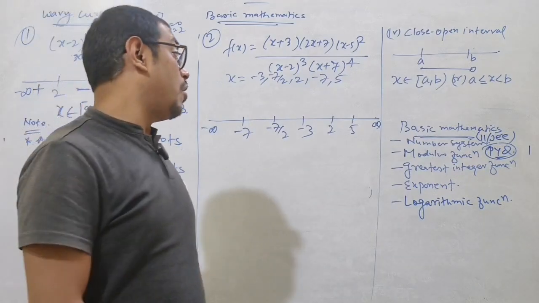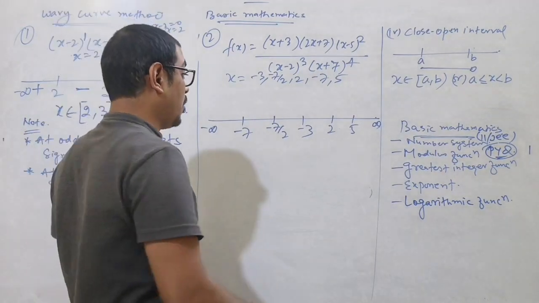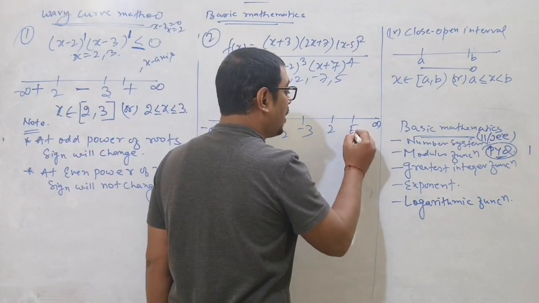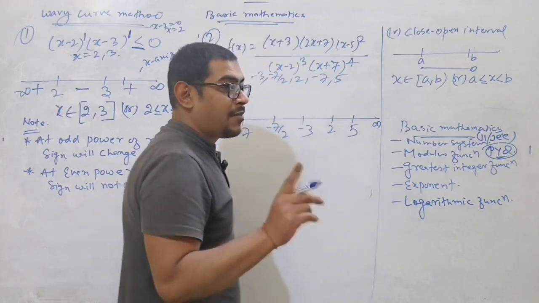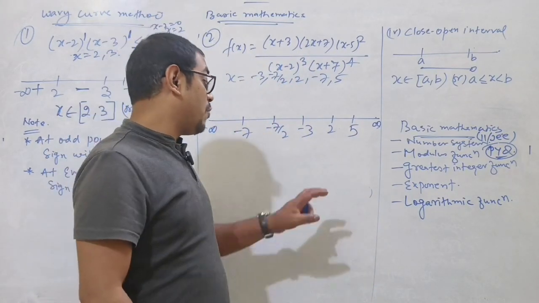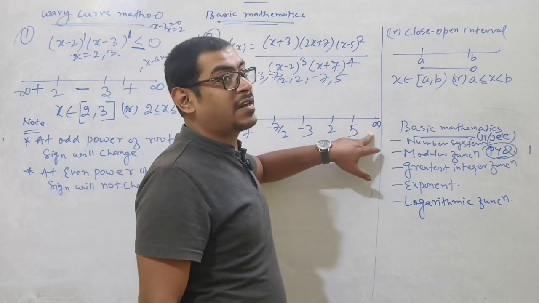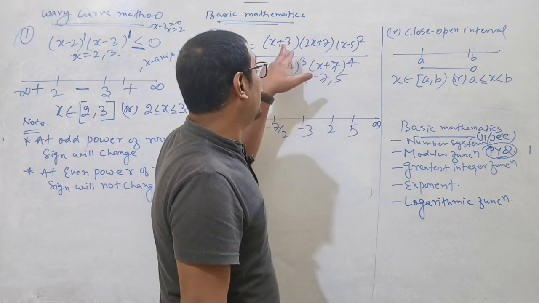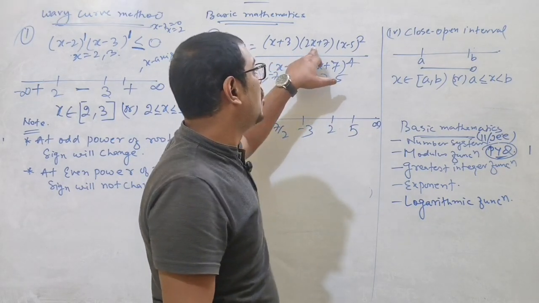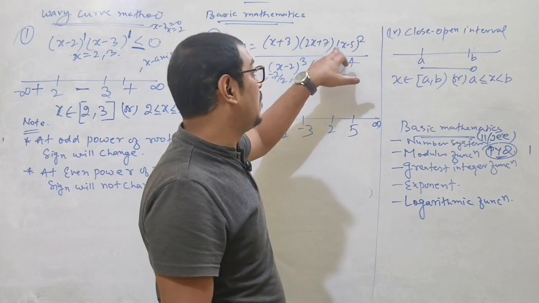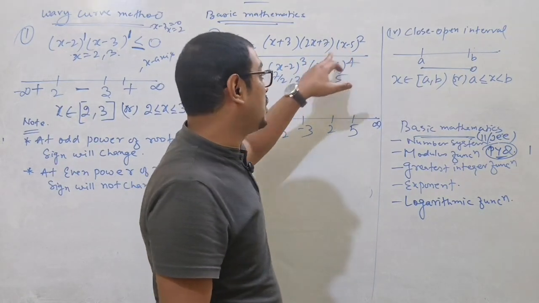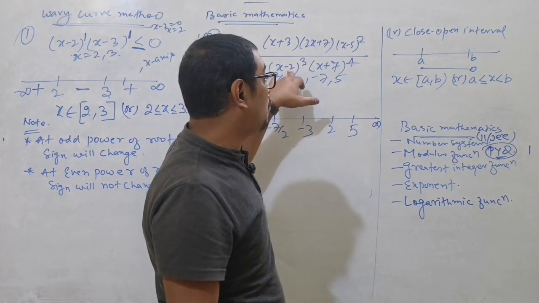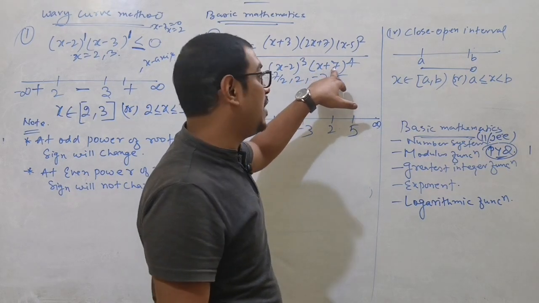Clear? Now take more than 5. I already said one number you have to assume. So more than 5, what can you take? 6. Now 6 plus 3 is positive, 12 plus 7 is positive, 6 minus 5 is positive, 6 minus 2 is positive, 6 plus 7 is positive.